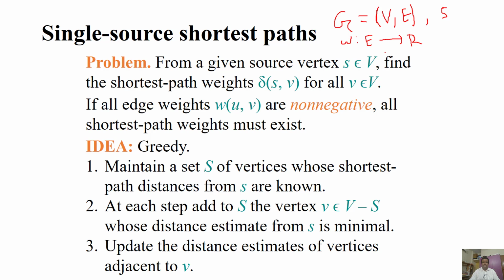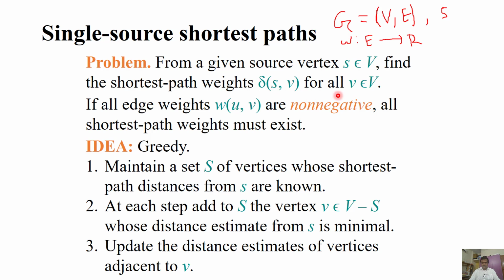So, these three are the input. S could be any vertex. Basically, we have to find the shortest path from s to all other vertices. That is called single source shortest path. The source is given, and from that vertex we need to find delta of s comma v.